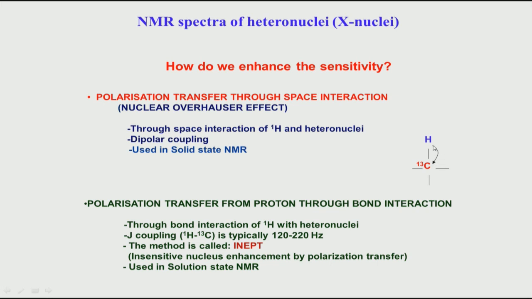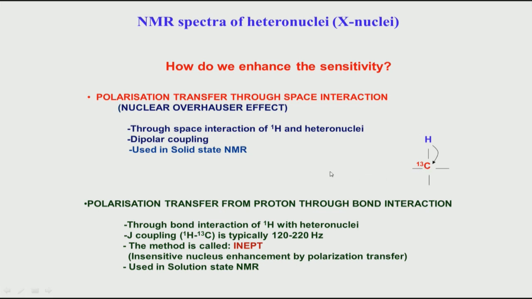There is a mechanism by which you can use J coupling, but we will call this whole process a single word, INEPT, and we will assume that by INEPT we can achieve this transfer, which is possible. But how INEPT exactly works at a microscopic level, we cannot go into detail in this course. So, this is a typical method used in solution state NMR to transfer polarization from one nucleus to another nucleus.